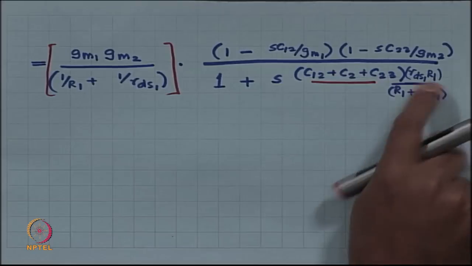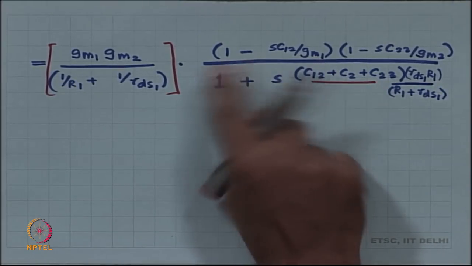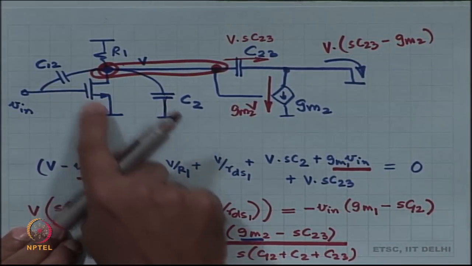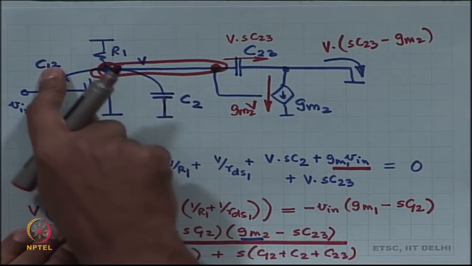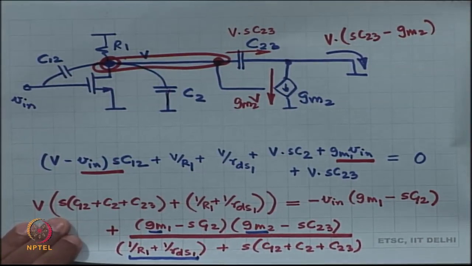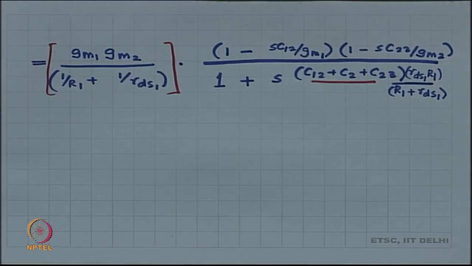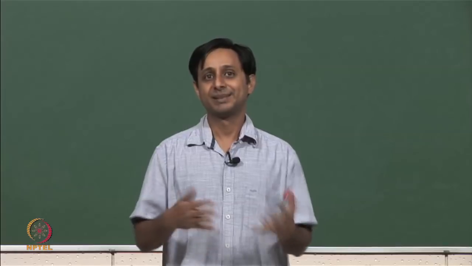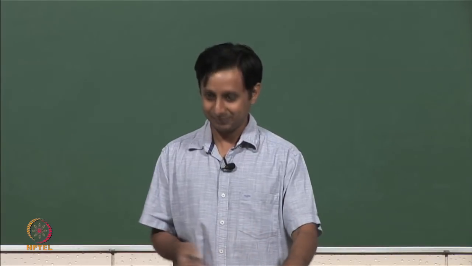All right. And then you are looking at the right half plane zeros. In the right half plane zeros, by now you probably are getting the hint that it is GM1 by S by C12 is one, and GM2 by C23 is the other, and that is it. And the entire expression can be written just by inspection. Okay. So, the idea is to get to a level where you can start writing things by inspection, that is the agenda.